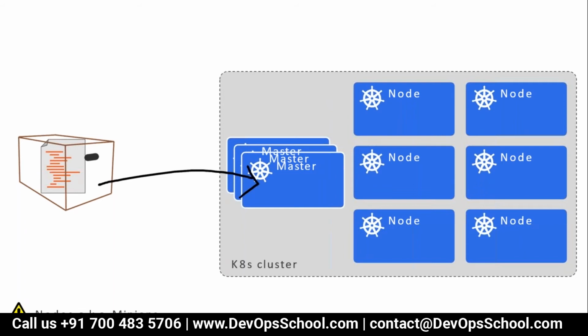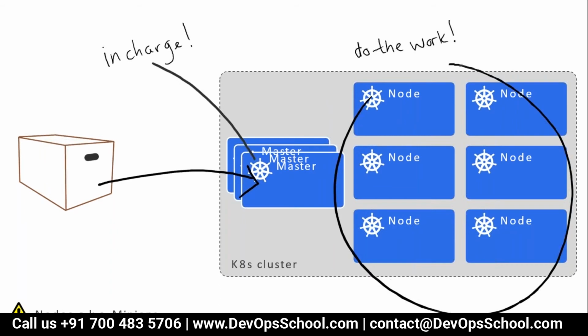So in the Kubernetes cluster, you have a master, you have a node. You have multiple masters for HA, high availability. You have multiple nodes. And who controls the master? You see some packages being sent to the master from outside. Now we have to elaborate all this in a little more detail. The master is in charge, and the real work is done by the node.